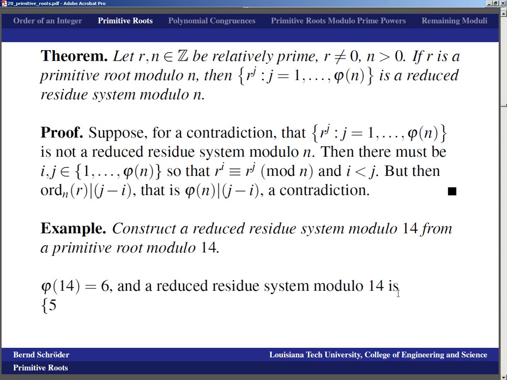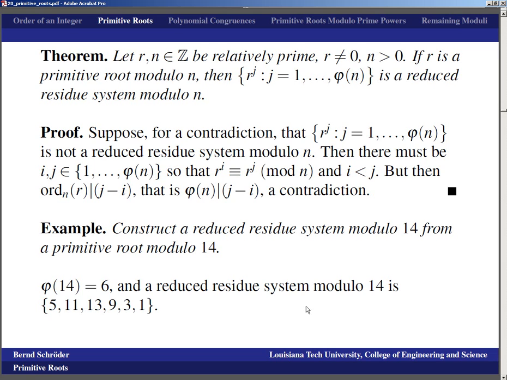And then let's see, 5 squared is 25, which is 11 modulo 14. Times 5 is 55, which is 13 modulo 14, if I'm correct. Times 5 is 65, which is negative 5, 9 modulo 14. Times 5 is 45, which is 3 modulo 14, times 5 is 1.